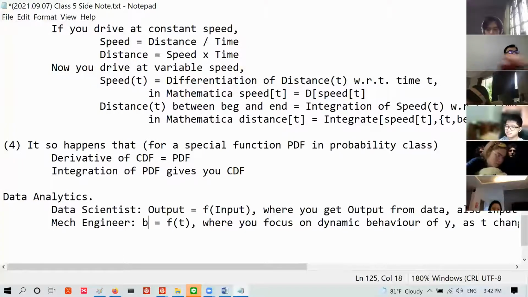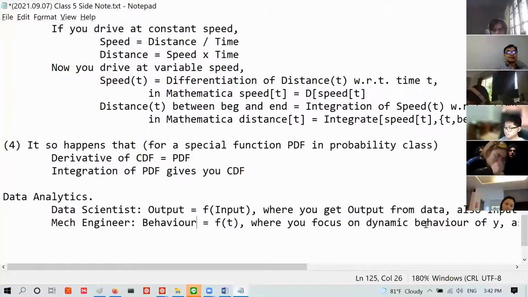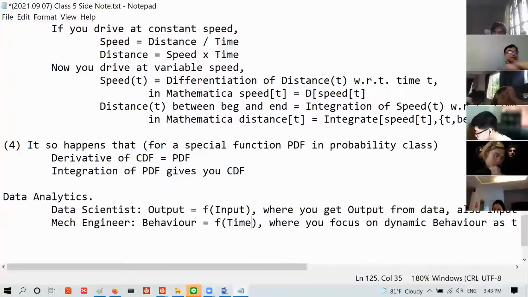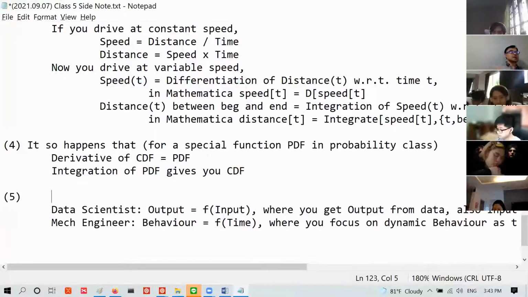In engineering, you focus on dynamic behavior as time changes. So it's very different. However, consider two professions.